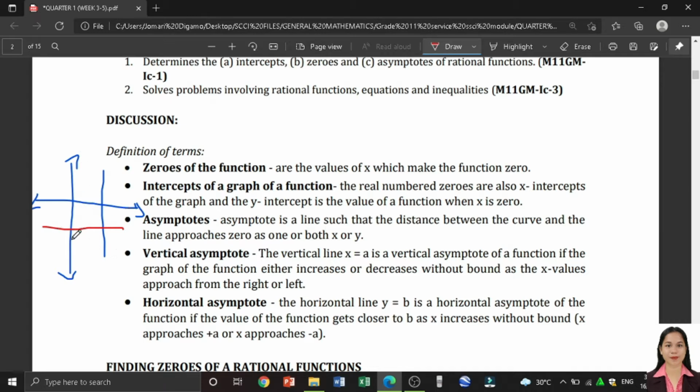So horizontal asymptote, these are the line y is equal to b. So we have here y is equal to b. And the line that intersects the x-axis is what we call the vertical asymptote, or let's have here as x is equal to a. So kung saan siya nag-intersect, yun yung value ng a. And dito naman sa horizontal asymptote, kung saan nag-intersect si line dito sa y-axis, yun yung value ni b dito. Okay.